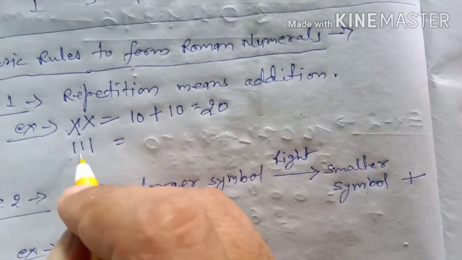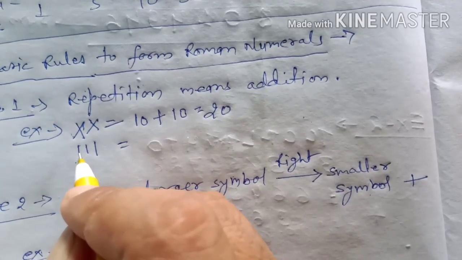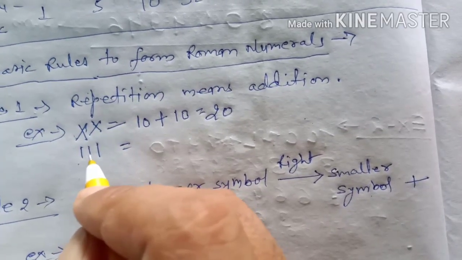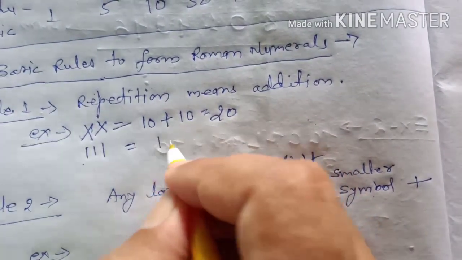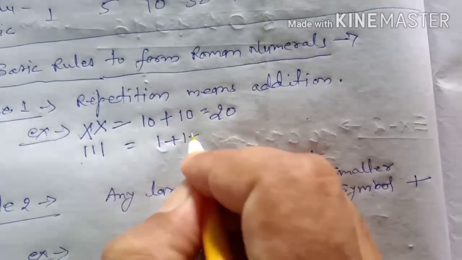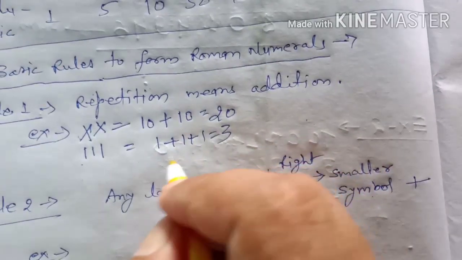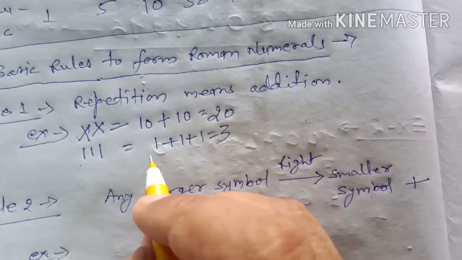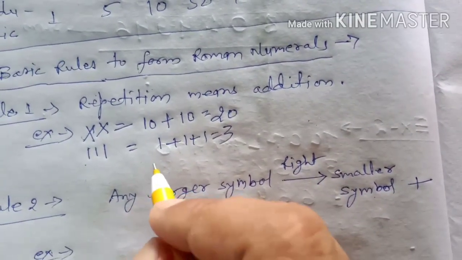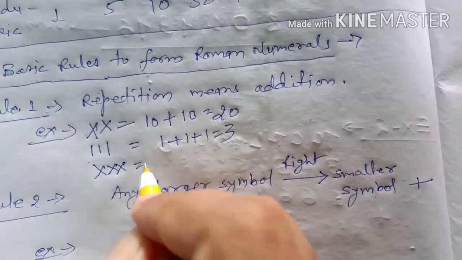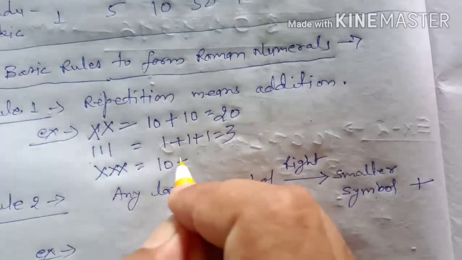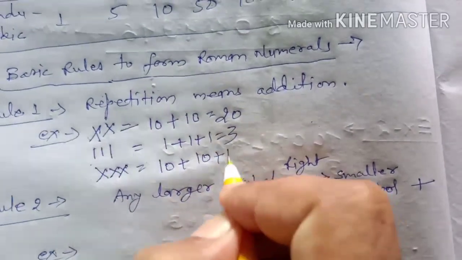If I is repeated 3 times, I denotes 1, then 1 plus 1 plus 1 is equal to 3. And if I repeat X 3 times, it means addition, 10 plus 10 plus 10.